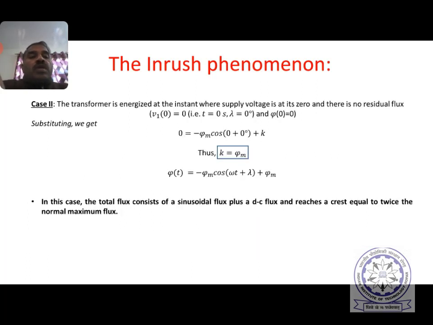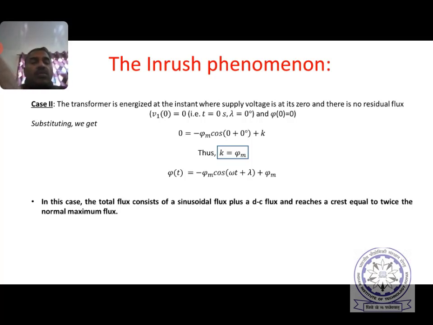Now case 2: the transformer is energized at the instant where the supply voltage is 0 and there is no residual flux again. In this case there is no residual flux, but if the supply voltage is 0, then the flux will be at phi max.